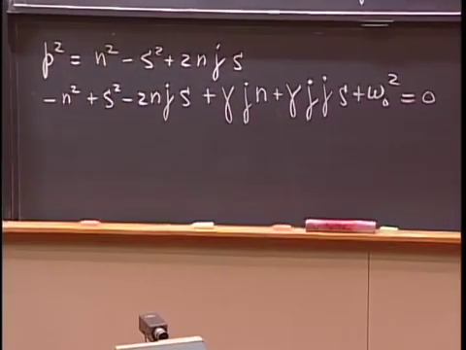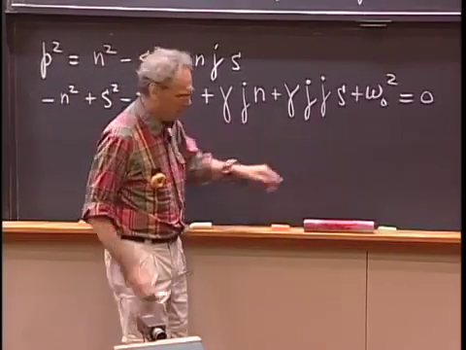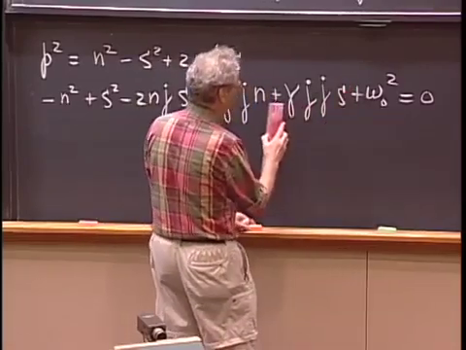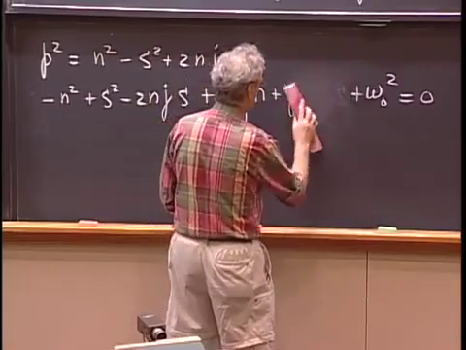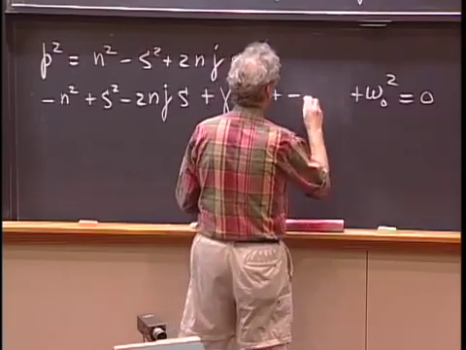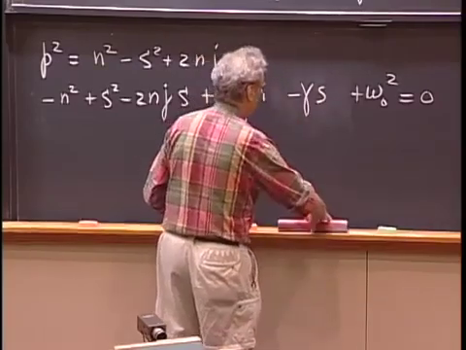I have here j squared. J squared is minus 1. So I can erase this and replace it by minus gamma s. You cannot do that, but that's the price you pay if you didn't take my advice not to take any notes.